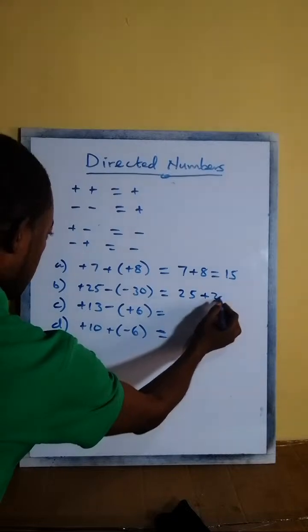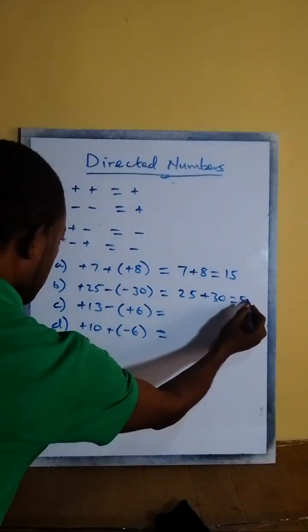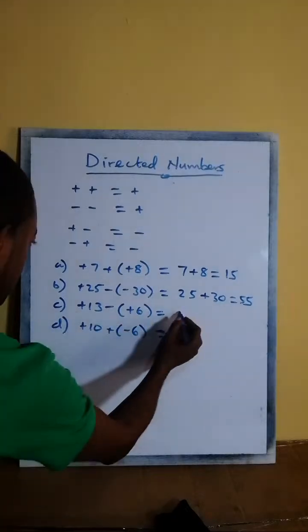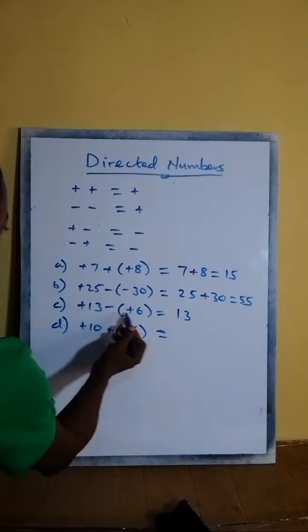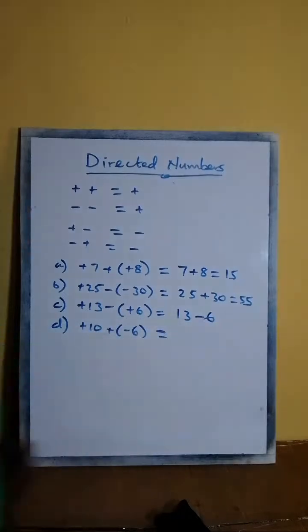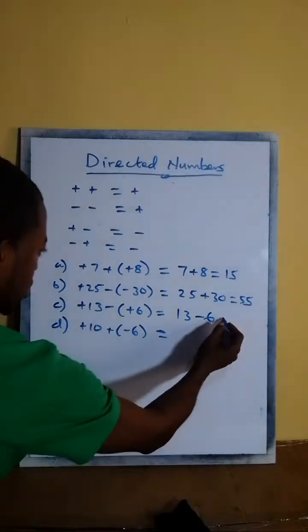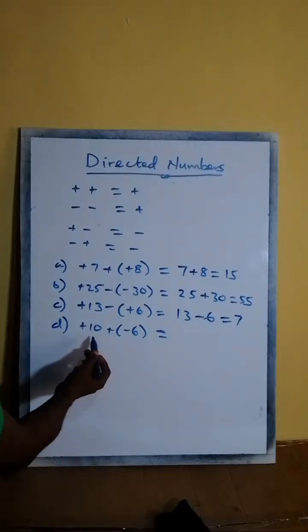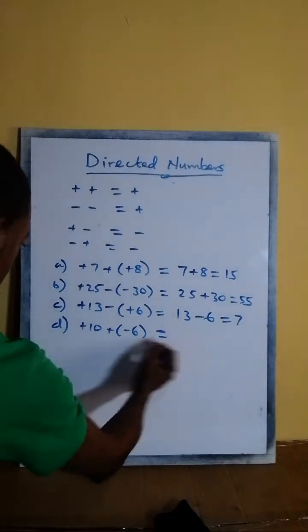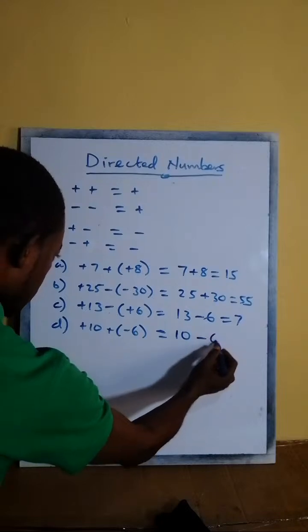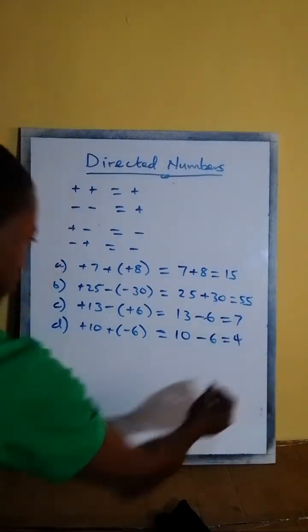That's plus 30, which equals 55. Then the next one: plus 13 is still 13. Then we have plus minus, which is still minus. That's minus 6, and that gives us 7. Then for the last one, plus 10 is still 10. Then plus minus is minus 6, and this gives us 4.